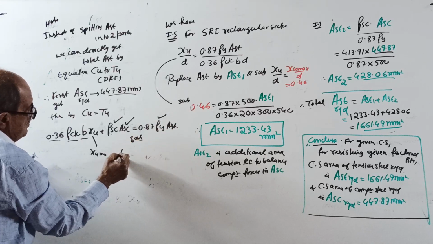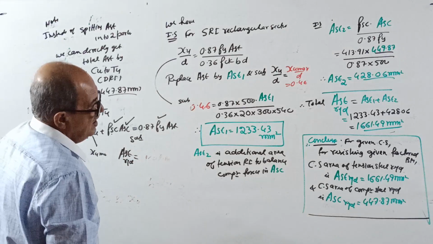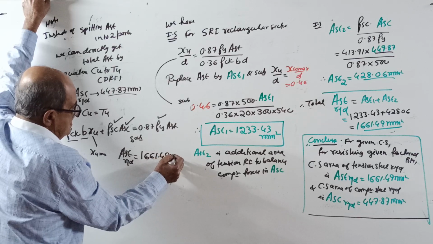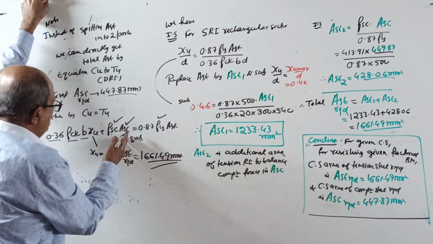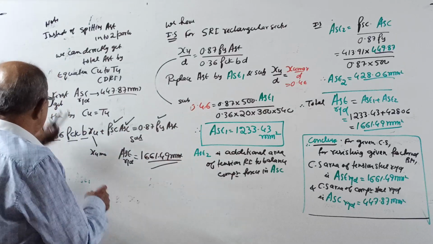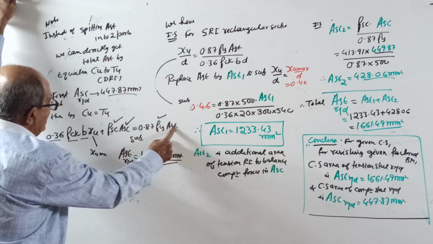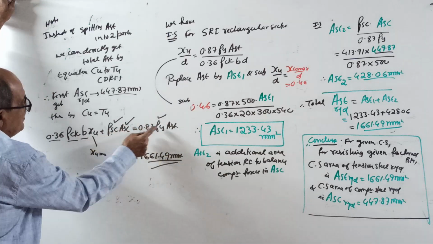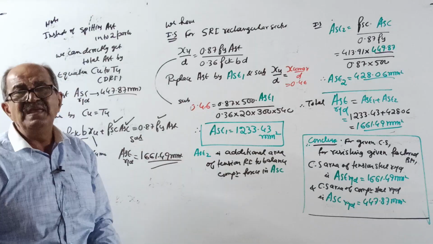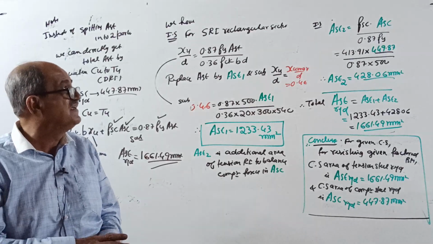Substitute, and we get AST required equal to 1661.49. Same answer. Actually, it is the same thing: FCK B XU equals 0.87 Fy into AST1, and FSC ASC by 0.87 Fy is AST2. But for some reason, the IS code splits. I can tell the reason in the star class, if I take it.